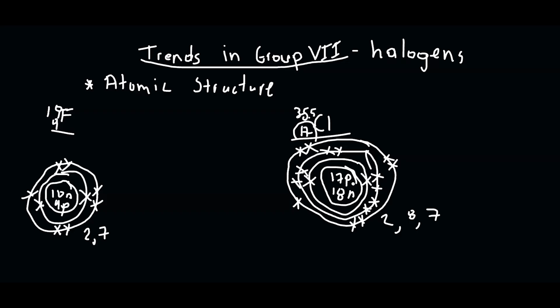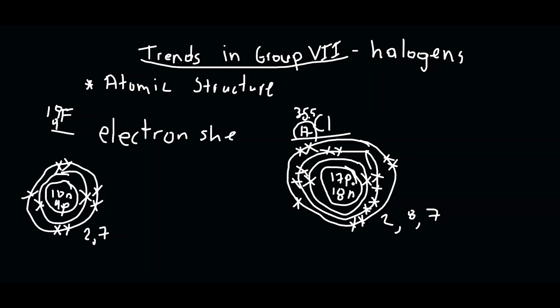Now, based on what you're seeing here, what can you identify as it relates to the structures? The first thing we're going to look at again is electron shells, because we also have to look at that in our groups. What trend are you seeing as it relates to the electron shells?